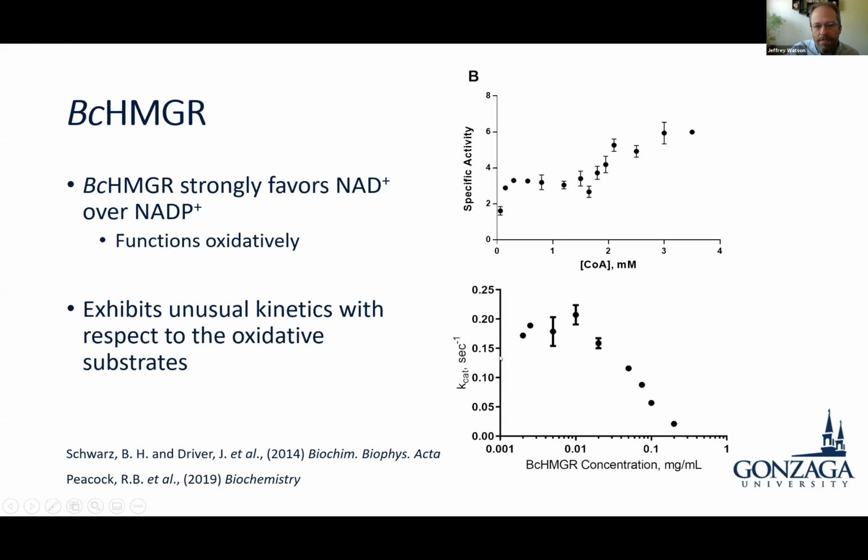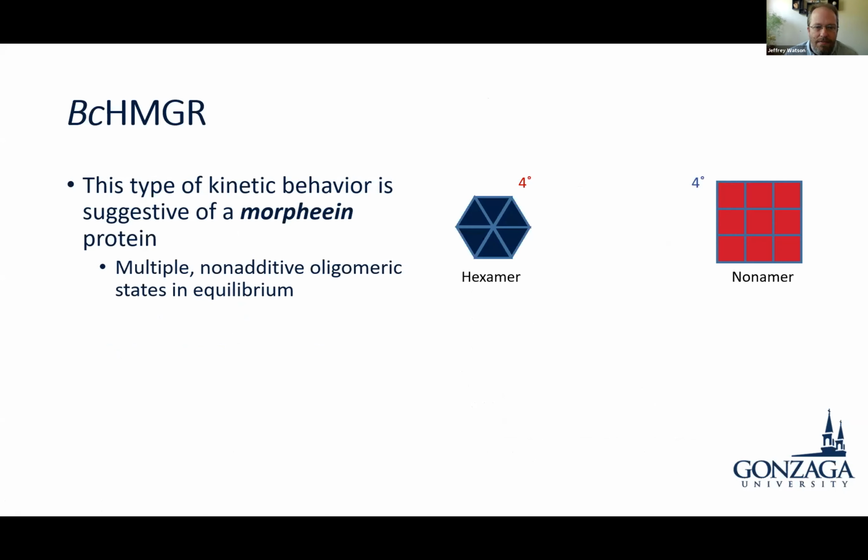The other thing that we've noticed is that as you change the enzyme concentration, the kcat, the rate constant for the turnover step for the formation of product, actually changes as a function of enzyme concentration. You can see that it goes up as you start increasing the enzyme concentration and then decreases dramatically at higher enzyme concentrations. And so this type of behavior, as Eileen suggested earlier on, is suggestive of a morpheein protein.